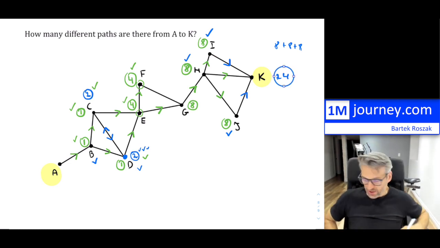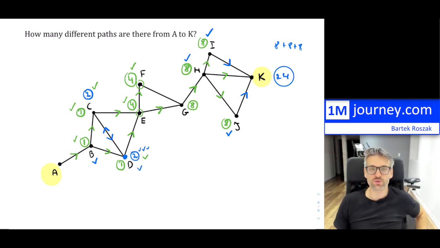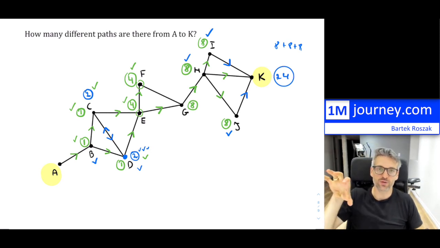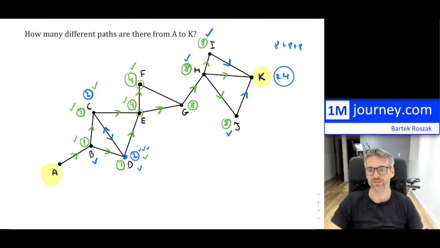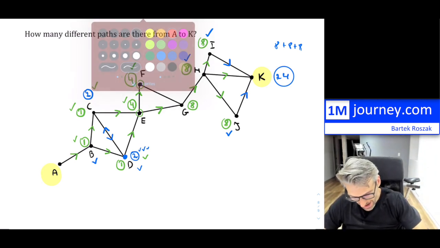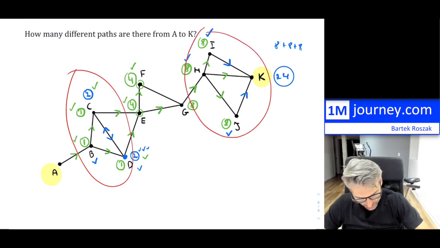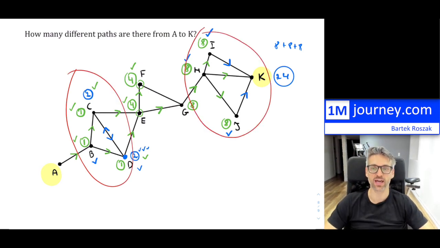So that's an interesting example to be able to use Pascal's triangle in order to actually count the number of paths. And I would encourage you to erase this and then do it on your own. And in particular, understand what has happened around here, and then also understand what has happened around here to get to K.